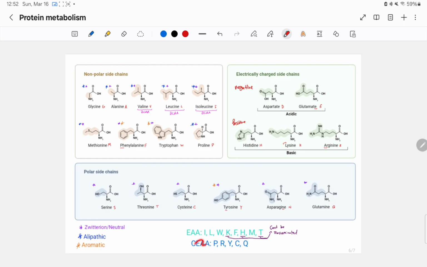I mean that these guys are not essential, but in a scenario of illness, okay, or malnutrition, they might become essential. That's why it's conditional. It depends on the conditions. If you're malnourished, if you've got some sort of disease, if you've got cachexia, they might become essential for you, okay? But usually the essential amino acids are the ones that we do not make.